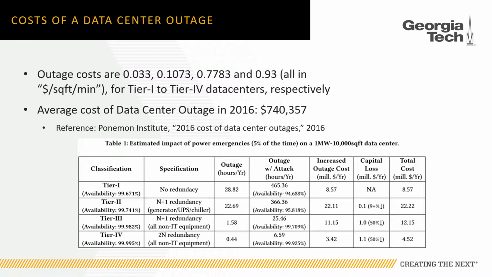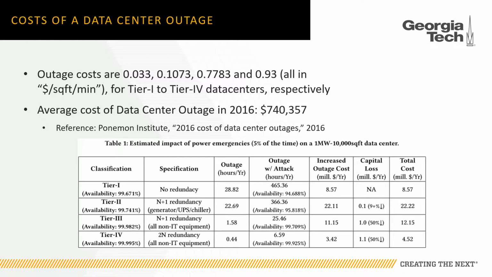And the researchers have estimated that the cost of an outage for tier 1 data centers is 3.3 cents for tier 1, 10.73 cents for tier 2, 77 cents for tier 3, and 93 cents per square foot per minute for tier 4 data centers.